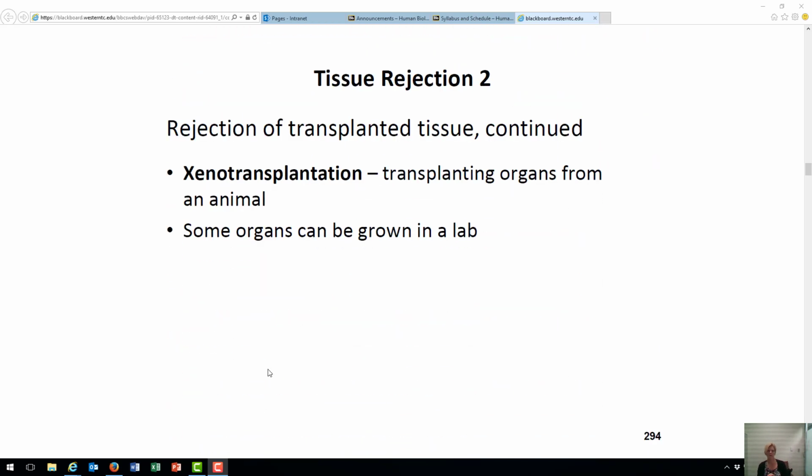So there have been some attempts to use tissues from other organisms, from an animal. We call that xenotransplantation. A good example of that are heart valves. Some people have heart valves that were taken from pigs. So we find that humans and pigs share a lot of similar cells and tissues in terms of the ability to transplant.